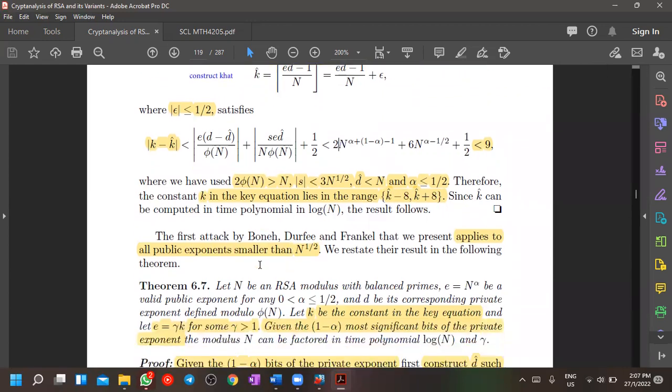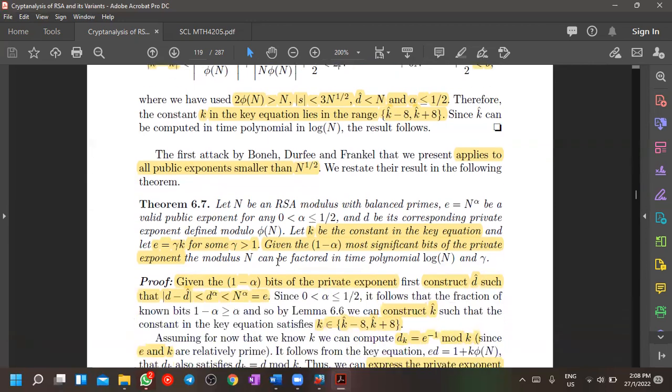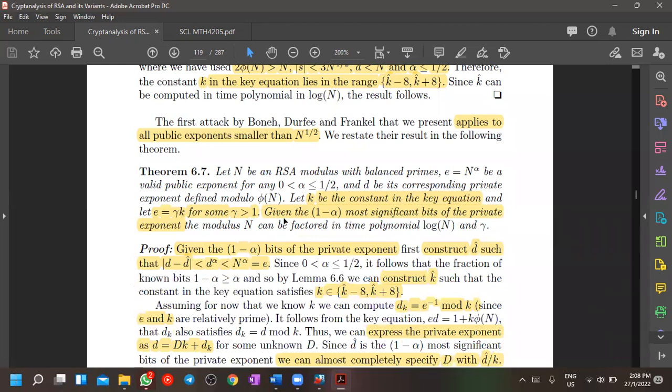This first attack by Boneh, Durfee, and Frankel that we present applies to all public exponents smaller than n to the power of half. We use theorem 6.7, where we let n be as above, let k be the constant in the key equation, and e is equal to gamma multiplied by k for some gamma greater than 1.